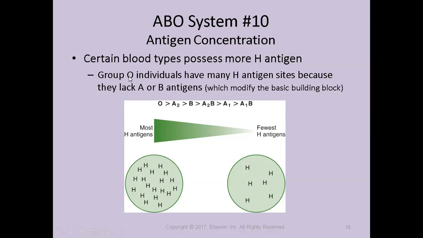It doesn't code for a detectable gene product. The next one with the most H antigens is A2, followed by B. Then we have A2B, A1, and A1B with the least.